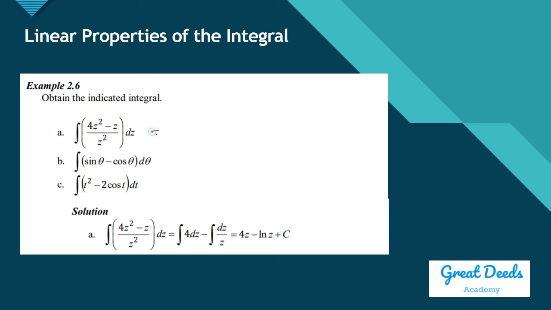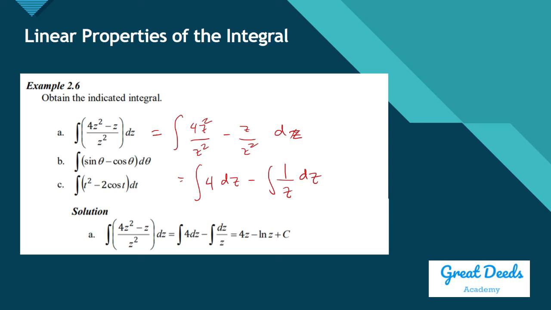Because this integral can be written as the integral of 4z squared over z squared minus z all over z squared dz. This is just among the properties of your fractions. And so we divide common factors. This becomes the integral of 4 dz minus the integral of 1 over z dz.